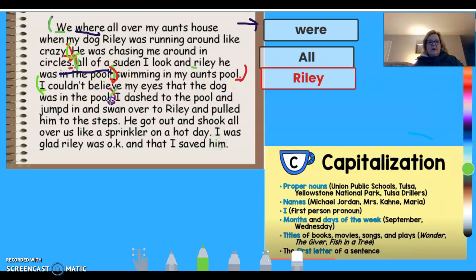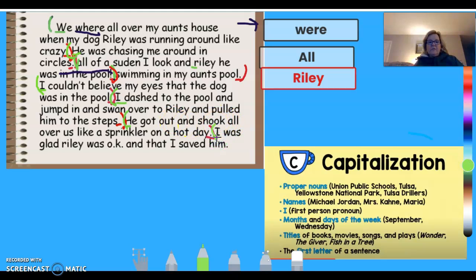Going back here, I, capital letter, dashed to the pool and jumped in and swam over to Riley and pulled him to the steps. Okay, I have end punctuation. I'm going to go here. He got out and shook all over us like a sprinkler on a hot day. I have punctuation here. New sentence.